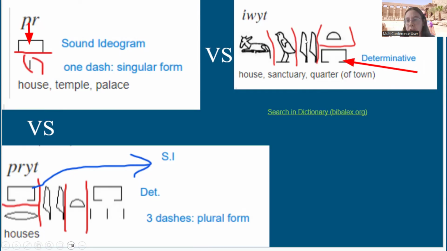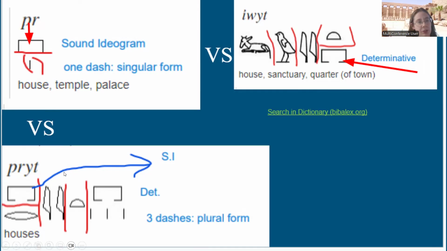So even though it's two pictures, it's actually a unilateral rather than a bilateral. And then you have the determinative at the very end of the word that's not phonetically read, but gives you, okay, this is a word that is talking about some kind of building, some kind of structure.